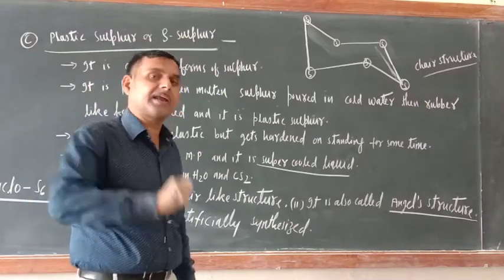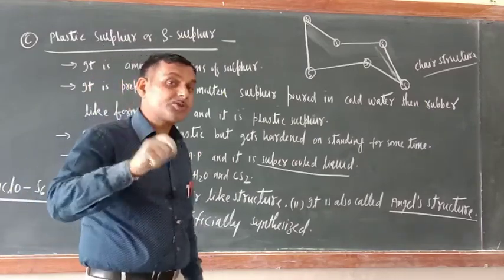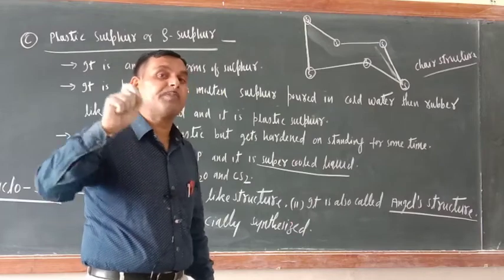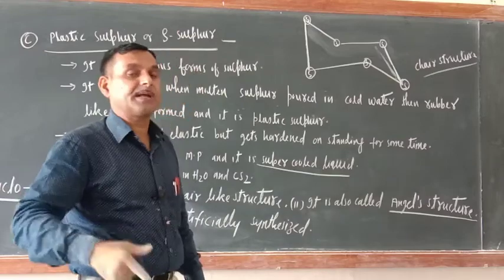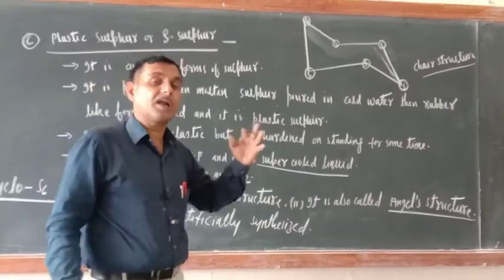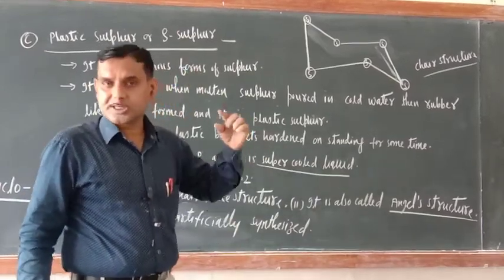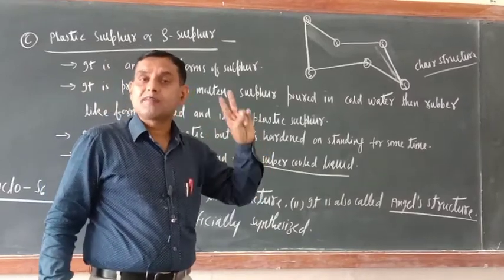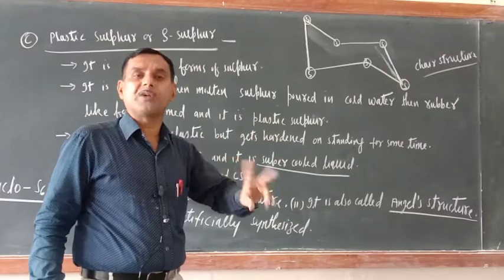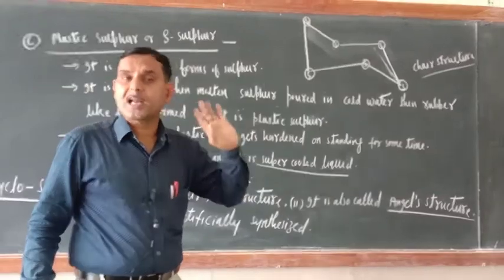S8 is the crystalline form of sulfur. S2 is the molecular form of vapor sulfur. Their paramagnetic character can also be explained on the basis of molecular orbital theory. So just see, in the molecular orbital theory diagram of oxygen, pi 2px and pi 2py have the unpaired electron.